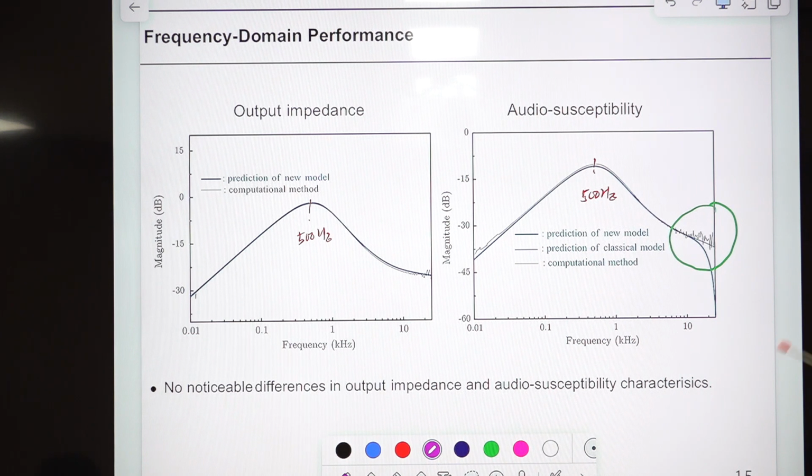And this new model has something strange here. I cannot understand this. Something is wrong with the HES prediction. HES is good for many cases, but obviously this is not real. Physically, it is impossible here. This is not a switching frequency or anything.